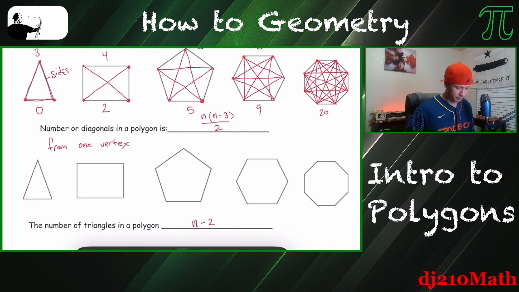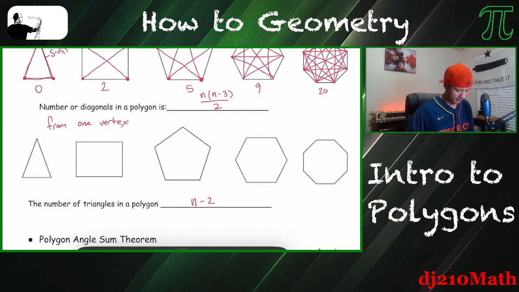Another neat property is that if you connect just from one vertex, not all the diagonals, and you split the polygon into triangles, you get a very interesting property. For instance, in the far left shape, it's already a triangle.